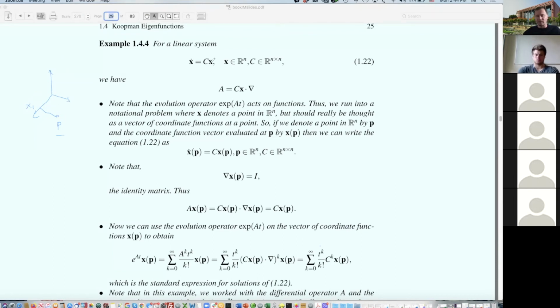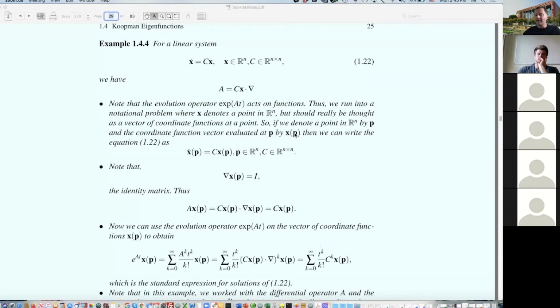So x itself, boldface x, is a vector of functions, or in other words, the vector of observables that will provide us with n numbers if we feed it an argument p. So if you take an argument p and apply x to it, that's going to give you a sequence of n numbers that will describe that point.